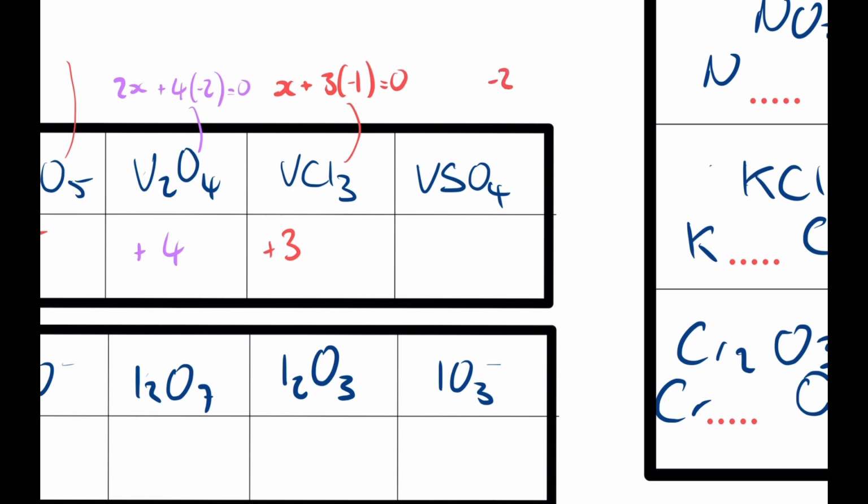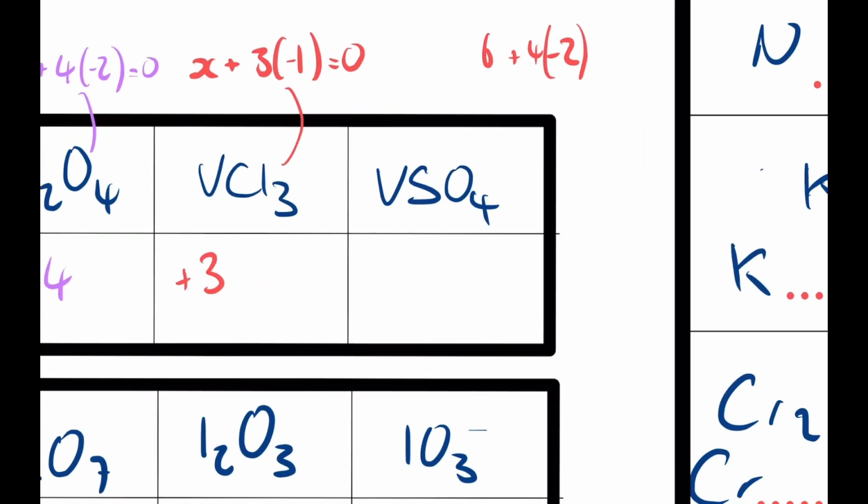Sulfur in this case is going to act quite funnily. It's going to have a charge of plus 6. But anyway, because we know that all of this is 2 minus, we know vanadium must be 2 plus here.